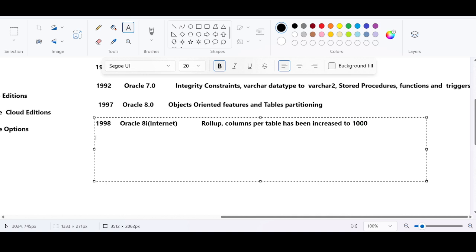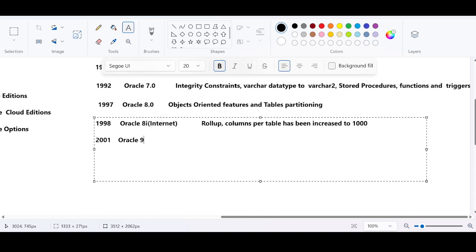After 1999 there is some gap. In 2001 they introduced Oracle 9i. The i stands for internet; when you say internet, it means you can use this in web applications.